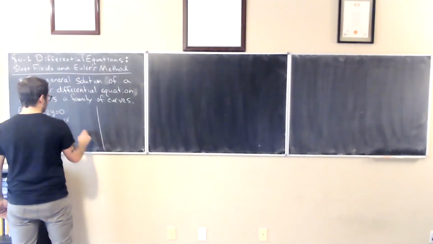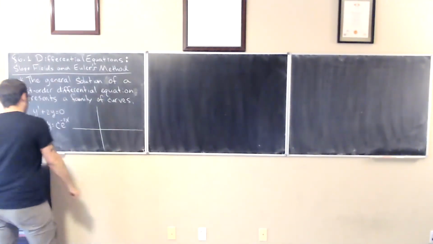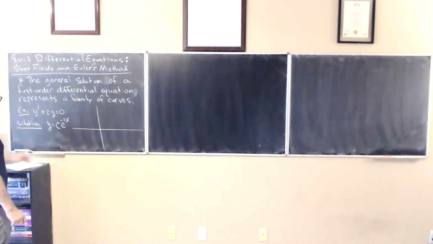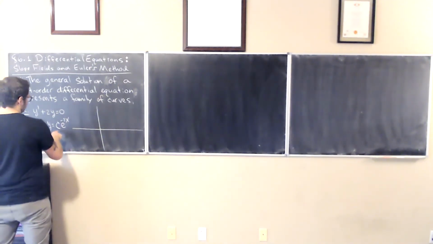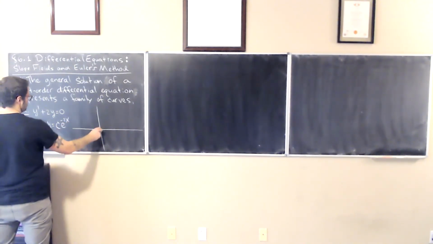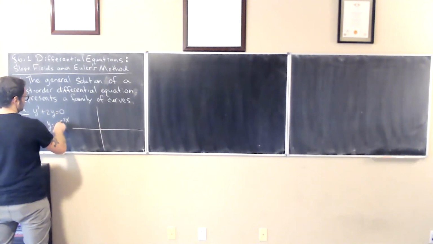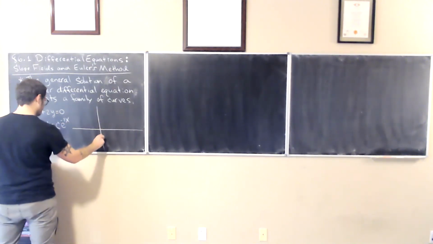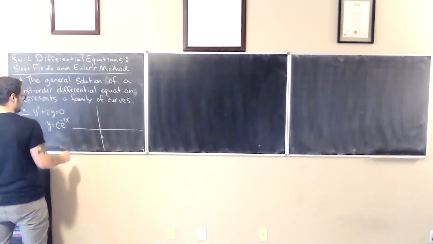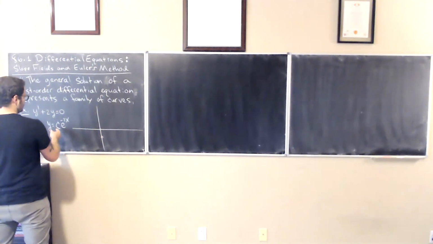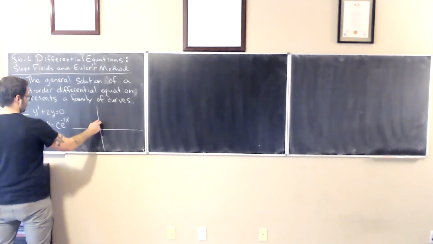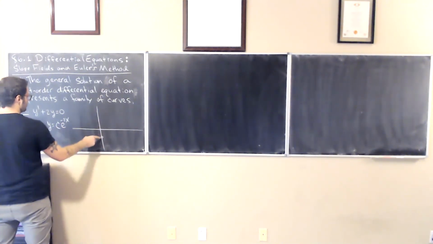So, for example, when c is equal to 1 and x is equal to 0, we're at e to the negative 2, so probably down here. When c is negative 1, we're down here.